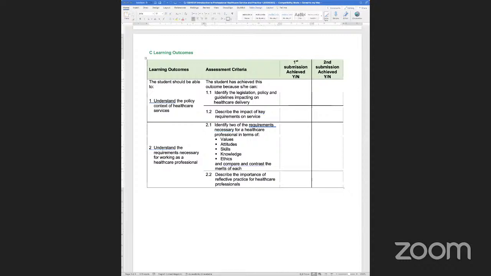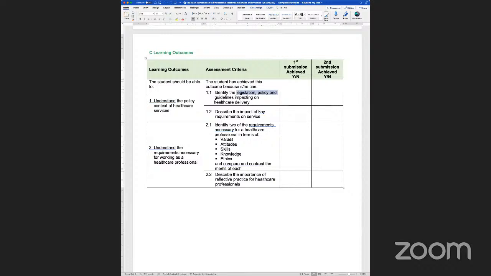So for example, things like the code of conduct, the care certification that you need to be aware of, person-centered values, and how best you understand your role. Why is personal development important? What is your duty of care? And the basic understanding that we will get from learning outcome 1, which is to understand various legislations and policies and how do you use them, is what we are going to be looking at as a reflective practice.